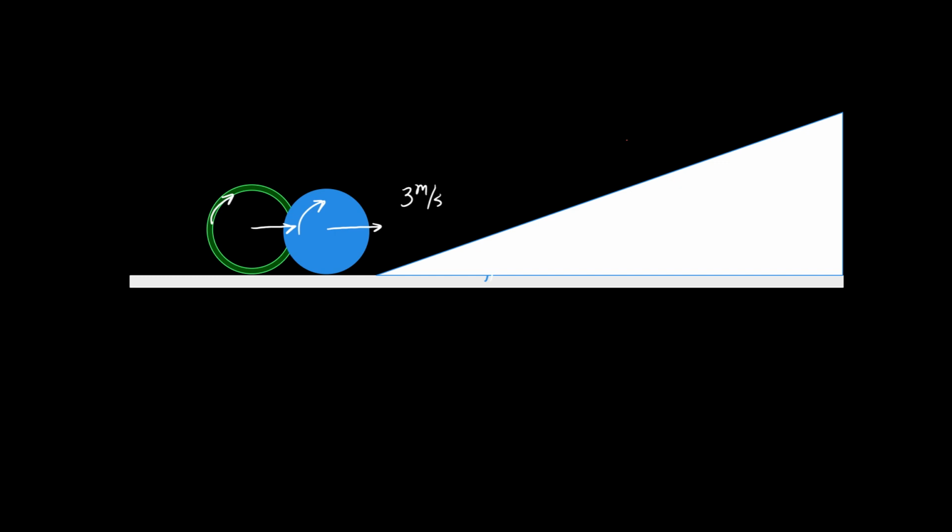But this ramp has a coefficient of friction that is nearly zero. Okay, so it's a very smooth ramp. The objects are still being started at the same speed. Can you figure out how high along the ramp these go?